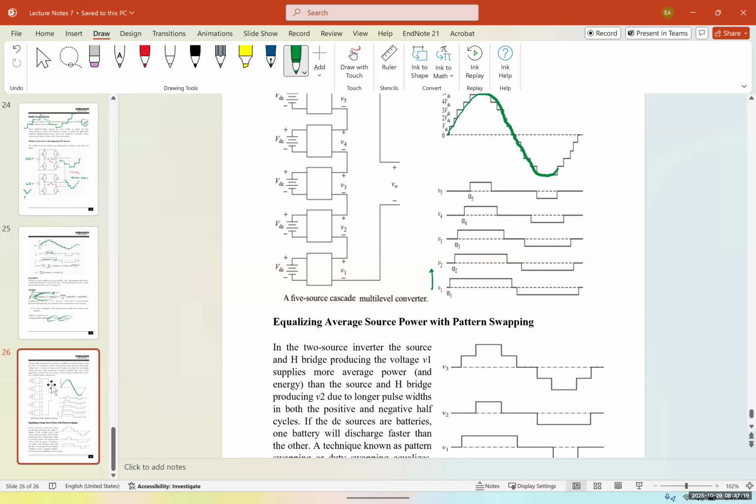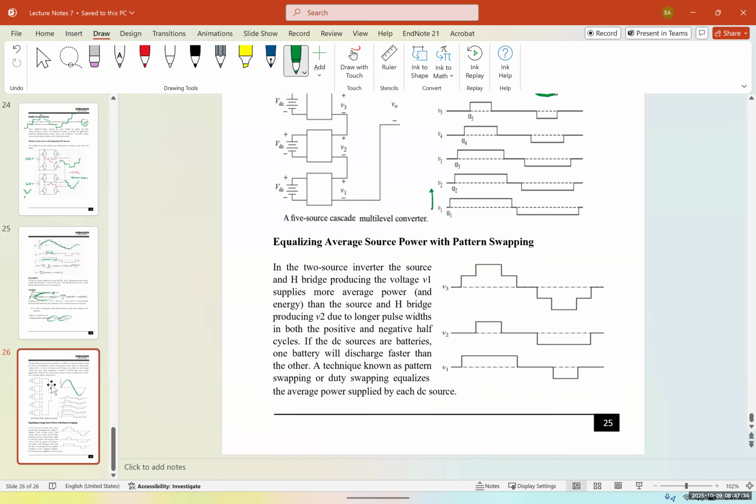So this is a square wave. For a 5-source cascade multi-level converter, equalizing average source power with pattern swapping, we get this.